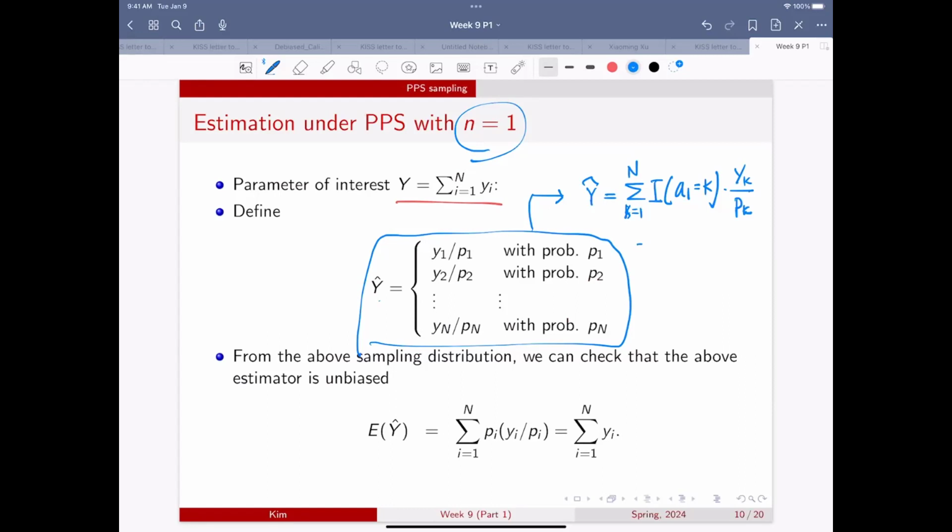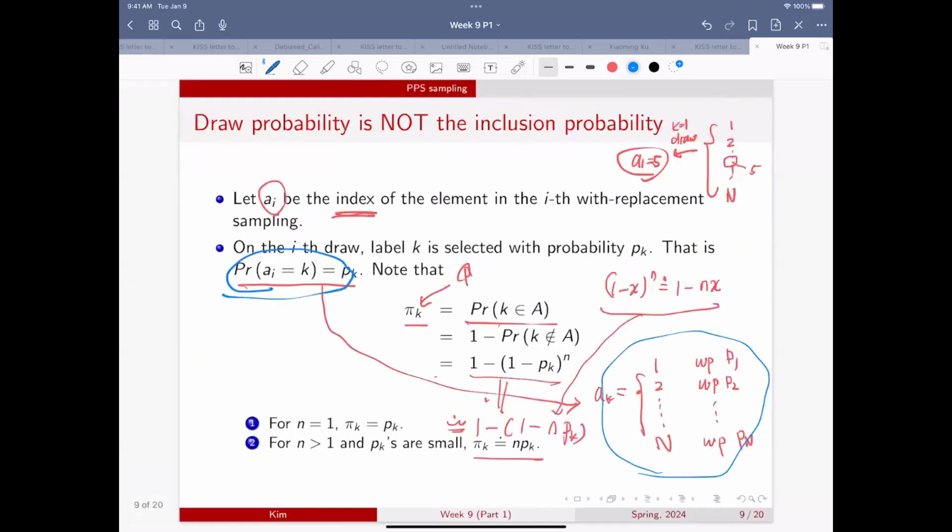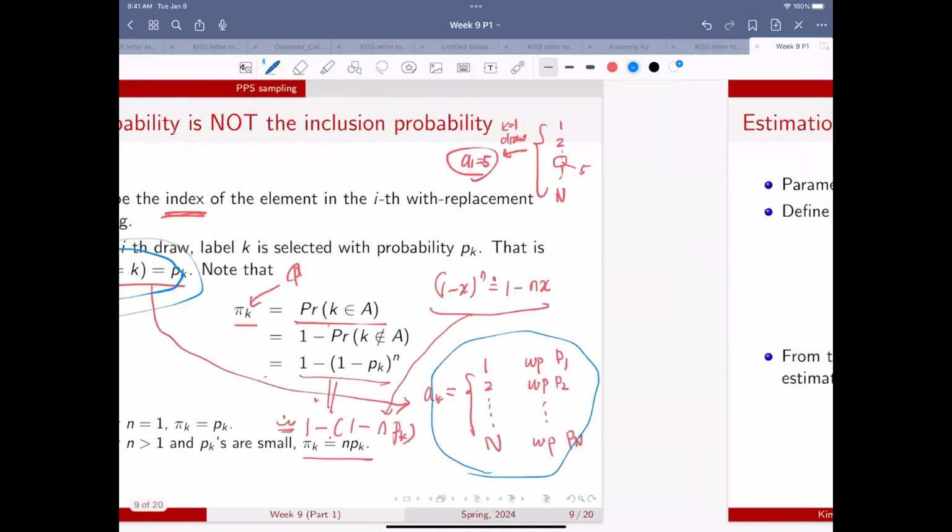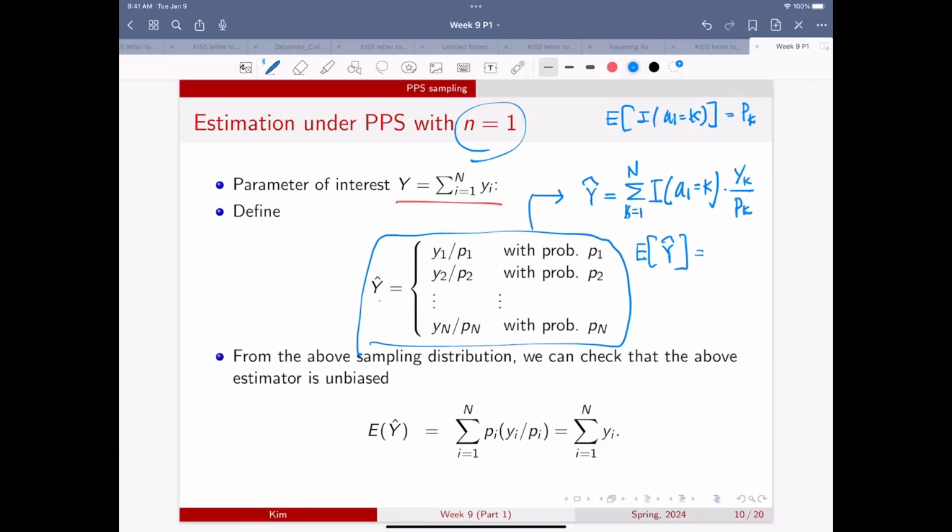And then if you take the expectation, the only random variable is A, small a1, right? And so what is the expected value of A1 equal to K? That is PK. Why? Because this is what we start with, right? This is this one. So we use that. That means we can actually obtain PK or K divided by PK equal to summation.